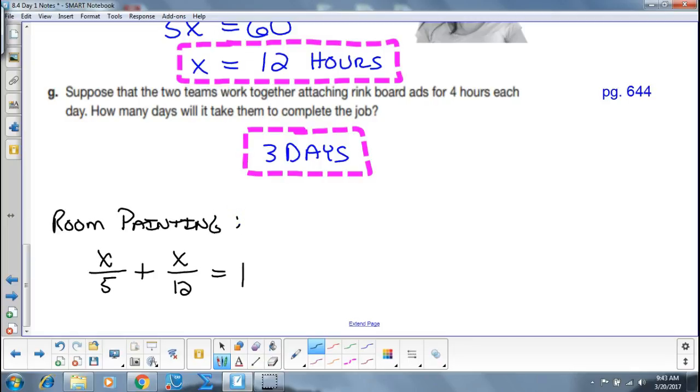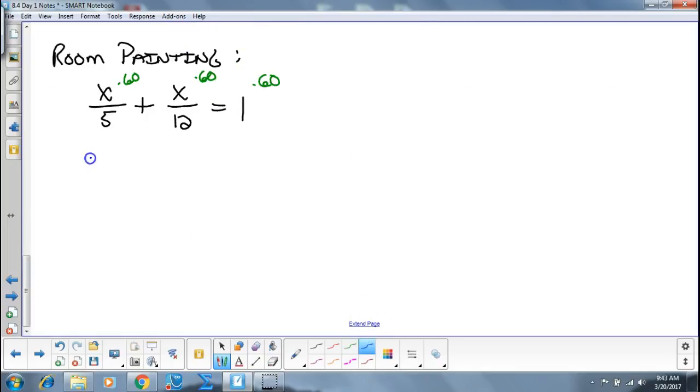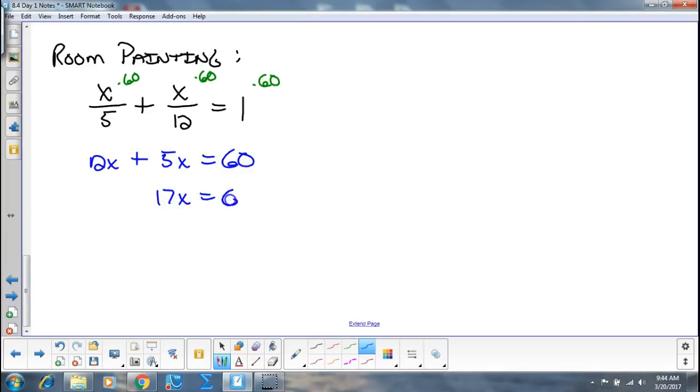Okay. Least common denominator is 60 again. 60 divided by 5? 12. 60 divided by 12? So that's 17x equals 60.